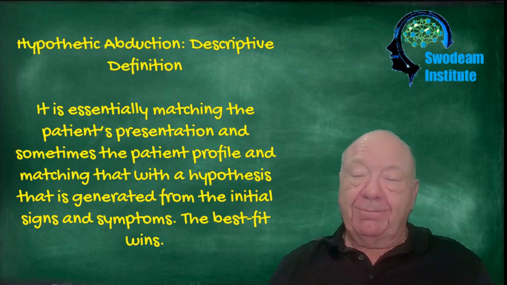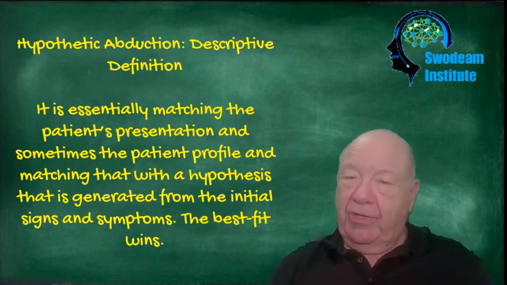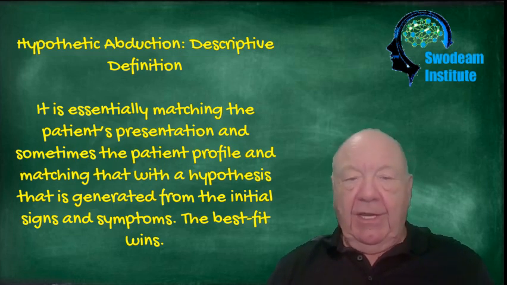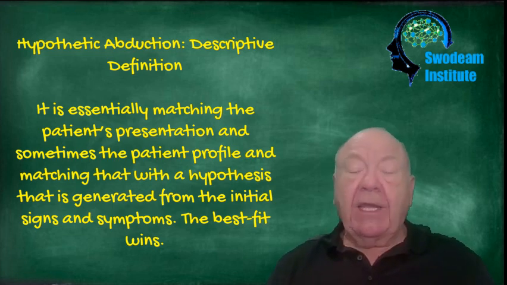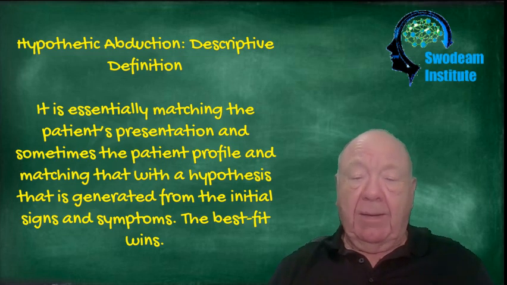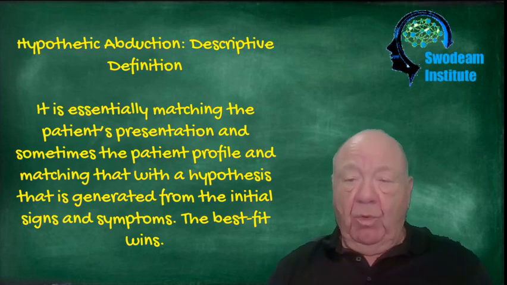So my recommendation is you take the first one or two symptoms, no more than that, and then basically you generate a hypothesis and make it conscious for a while. It will become unconscious, or at least subconscious, but make it conscious for a while and then work with it.